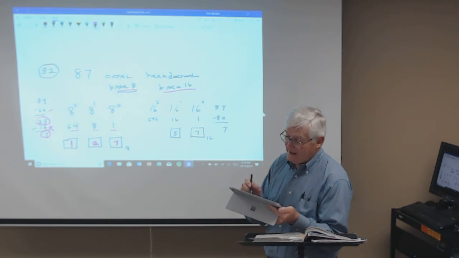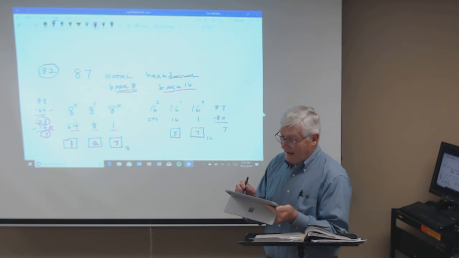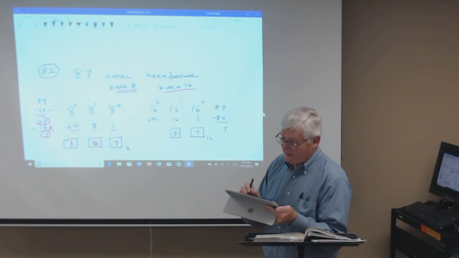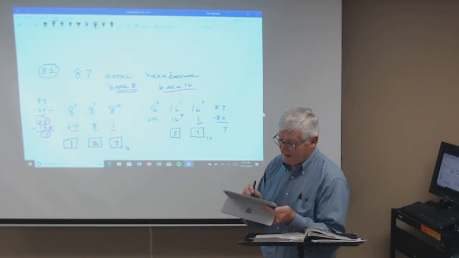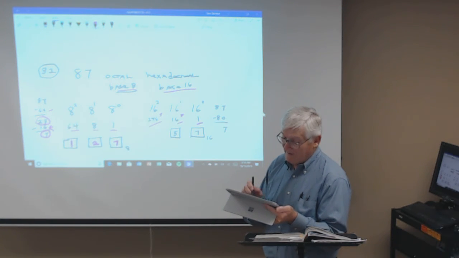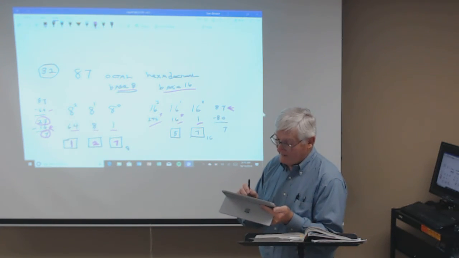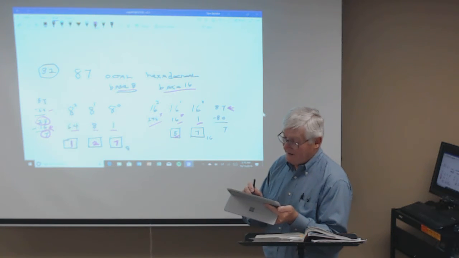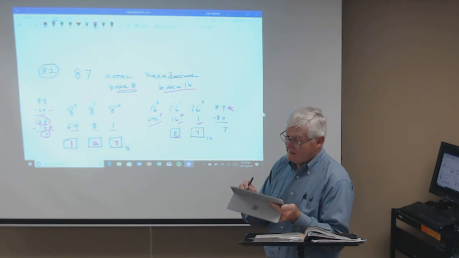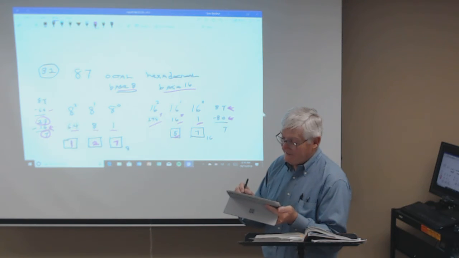Then in base 16, I would have the ones place, the 16s place, and the 256 place. 16 is all I need, and how many 16s in 87? 5. 5 times 16 is what? 80? And that leaves me with 7.